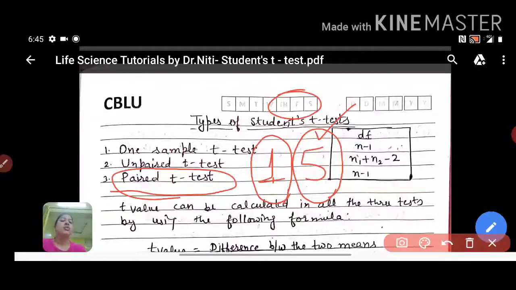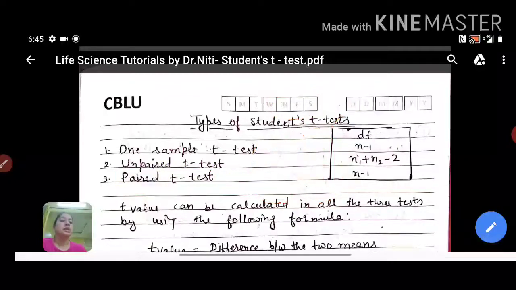Okay, so t-test is of three types. One sample t-test, in which you have to compare the mean of one sample with the population mean. Unpaired t-test is the t-test in which you have to compare the means of two unrelated samples, which are not dependent upon each other.